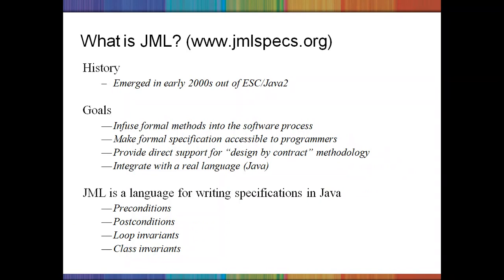So here JML is a language for writing specifications in Java. It is a specification language bound to the particular language called Java. These are preconditions, postconditions, loop invariants, and class invariants. These are the four categories available for mentioning specifications in the Java language.